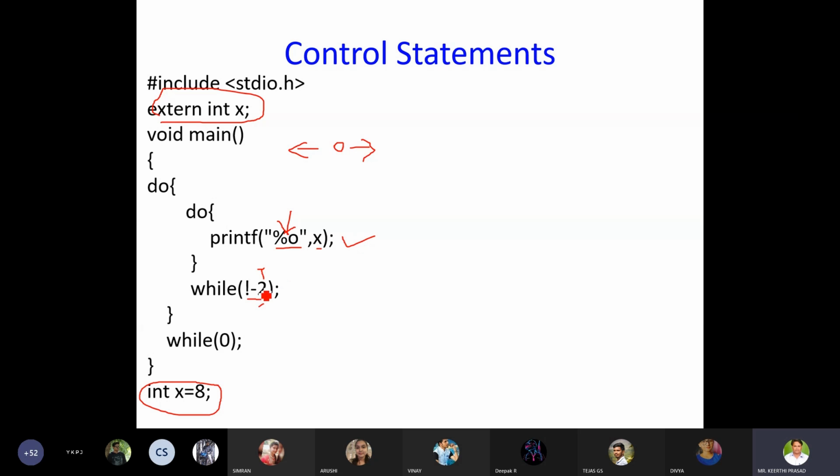So not true means false, and this while loop terminates. Here, while 0 means false, so this will also terminate. So only one time this printf statement is executed.